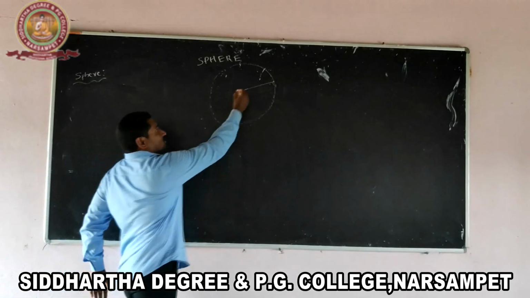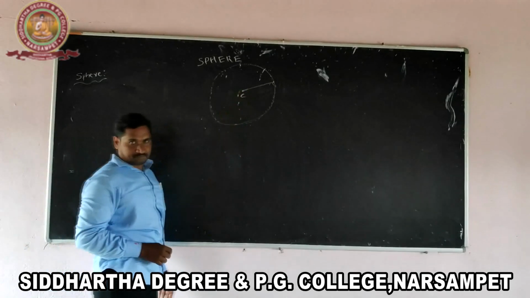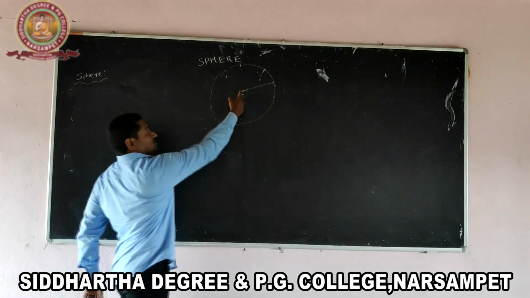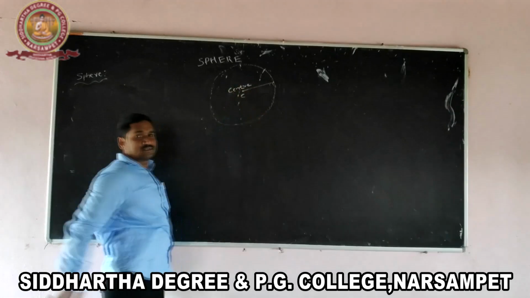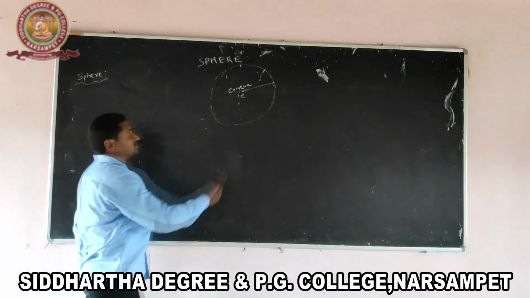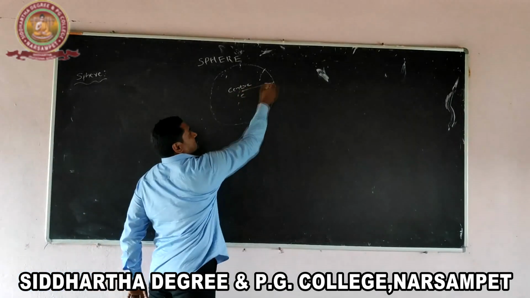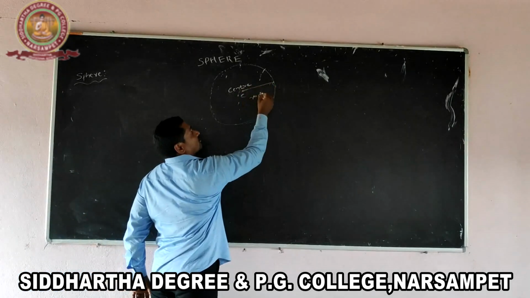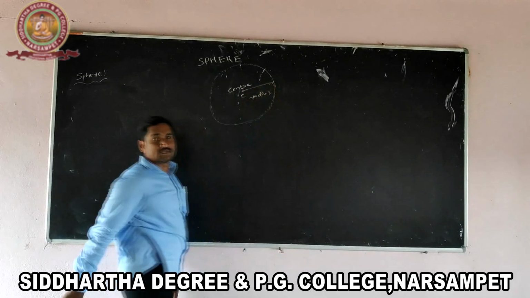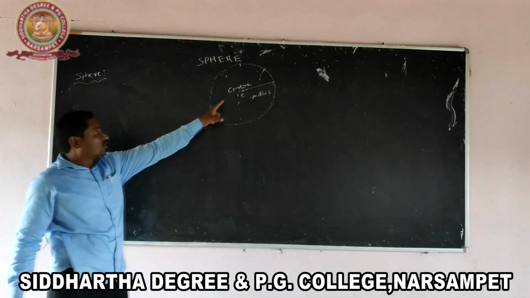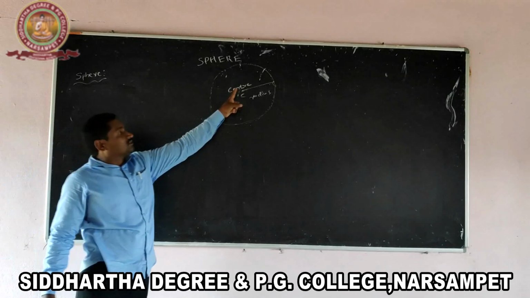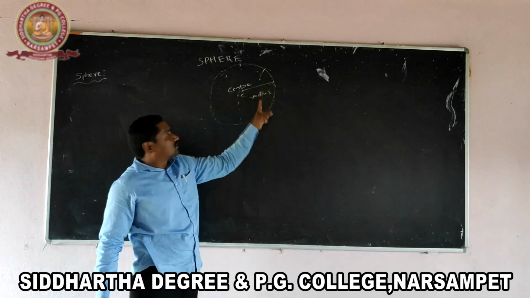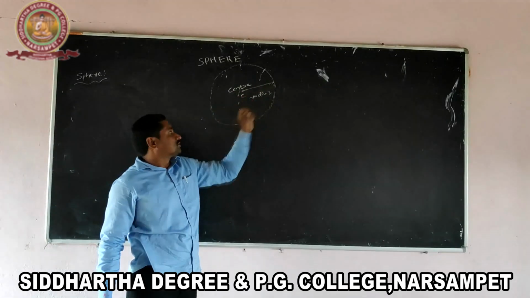Here, this fixed point is called the center of the sphere, and this constant distance is called the radius of the sphere.